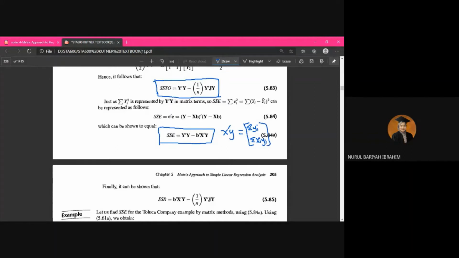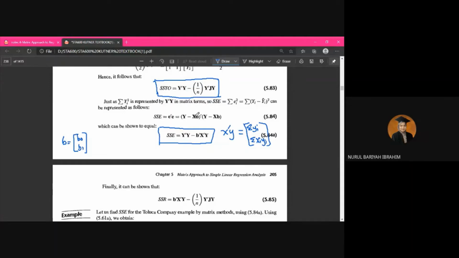Then B transpose here is the matrix of coefficients B. Matrix B is B0, B1, because in our case it is simple linear regression, so we have two parameters.